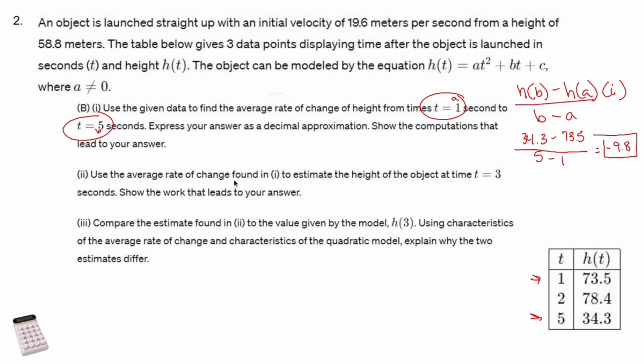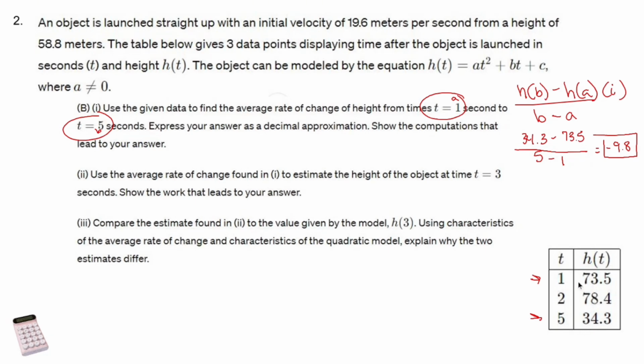Use the average rate of change found in I to estimate the height of the object at time t equals 3. Well, what the average rate of change does is it says if we were to go somewhere, how much is this changing per interval? What this is saying is from 1 to 5, this goes down by 9.8 meters every second.